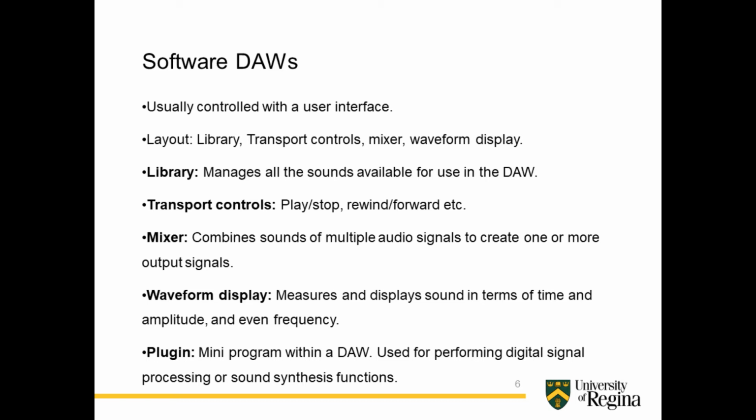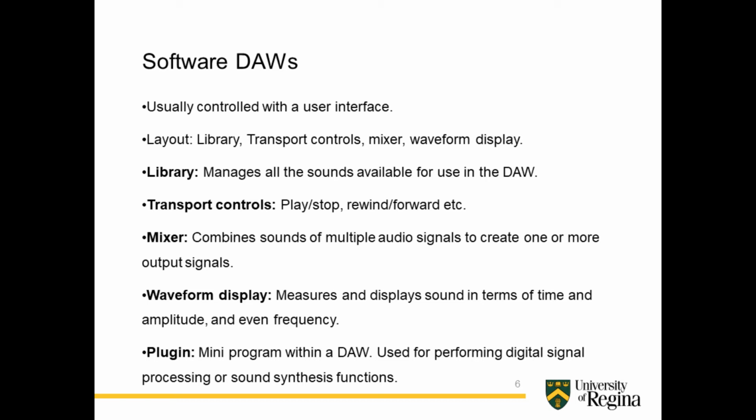The mixer. A mixer simply combines different sounds or different audio signals, and this combination can be sent to just one output signal. So you have 4 or 5 different signals. Let's say if you're making beats, for example, you have one that is the kicks, you have one that is the snares, and then you have a synth, and you're combining all this together in the mixer.